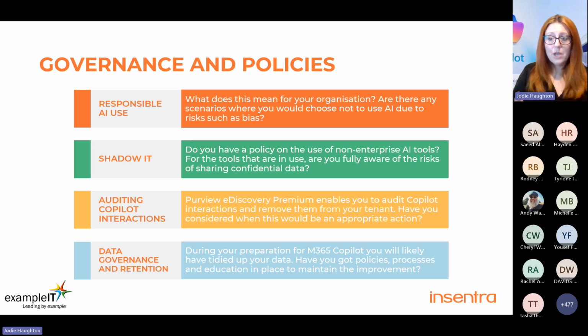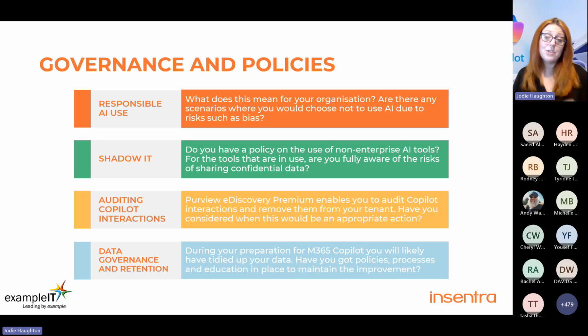Shadow IT. Do we know which AI tools people are sharing enterprise data with? How are we going to actually educate users on the risks of sticking organisational data into this random AI tool that they found on the internet? How do we want to have these conversations with our users who might be desperate to use AI in their job, but we actually just need to get them to hold on for security's sake just until we're ready to give them something licensed?